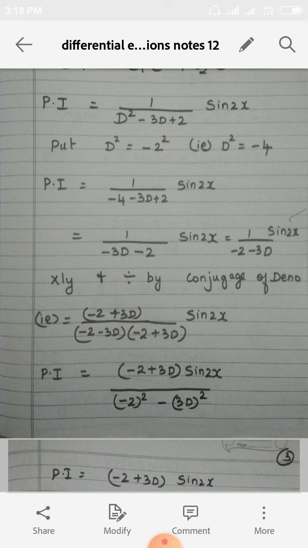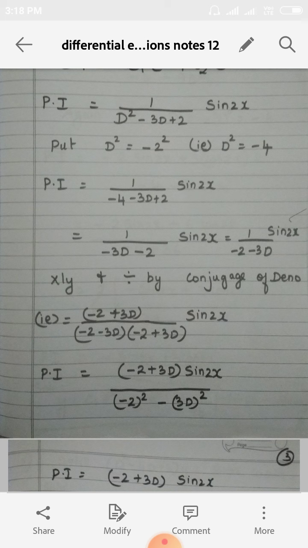Now see the denominator, minus 2 minus 3D. What is the conjugate of the denominator? So the conjugate is applied to the derivative. So minus 2 minus 3D: the conjugate of the term is minus 2 plus 3D. So we have to multiply and divide by the conjugate of the denominator.